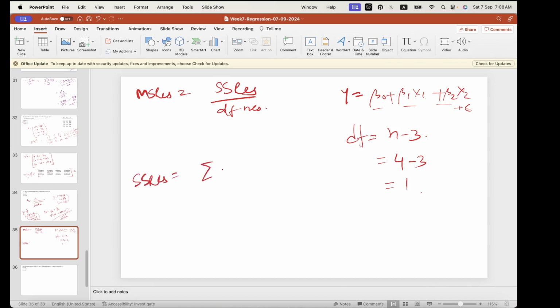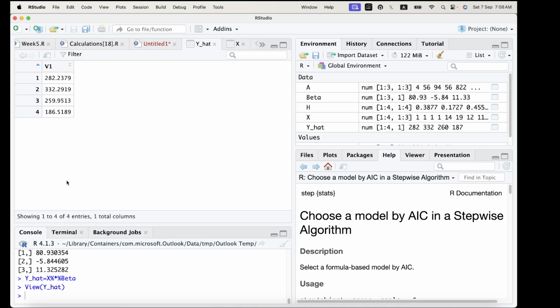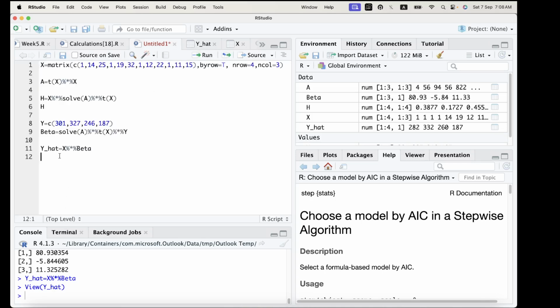Alright, now SS residual is how much? This is summation ei square. So once we have our yi hats, we can easily calculate the ei. So ei will be y minus y hat.